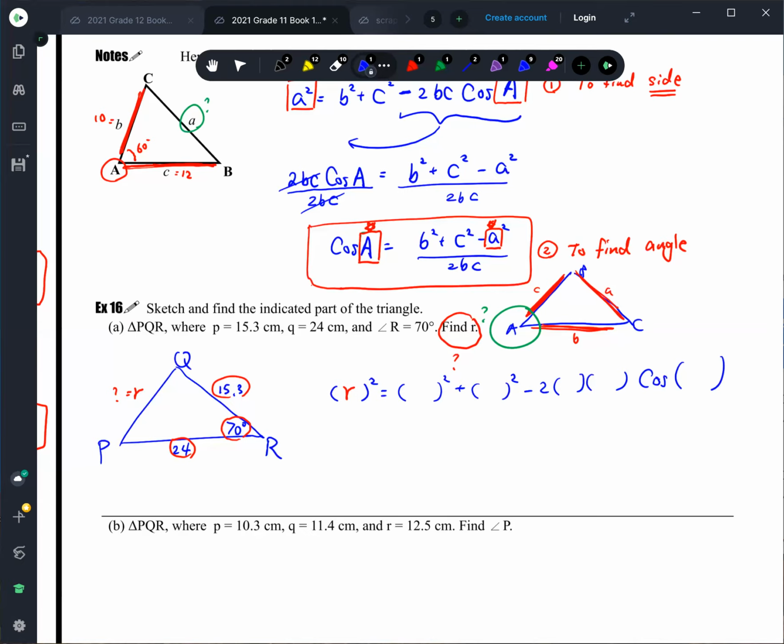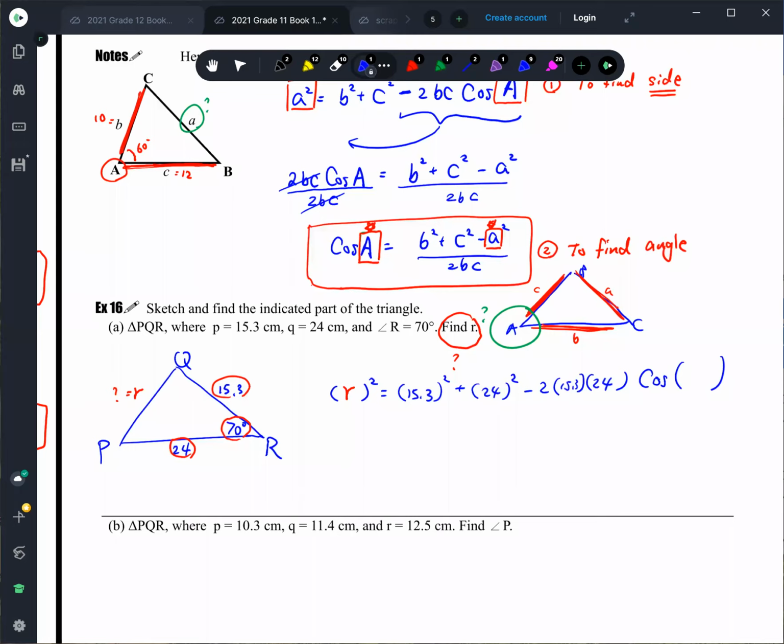I cannot hear you. Mackenzie. R squared equals 15.3 squared, and 24 squared, and this R.